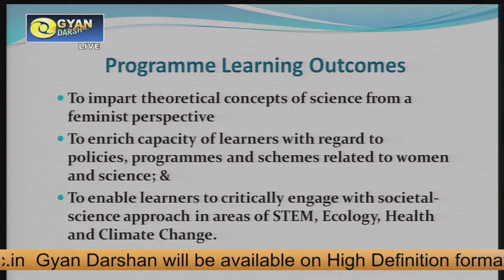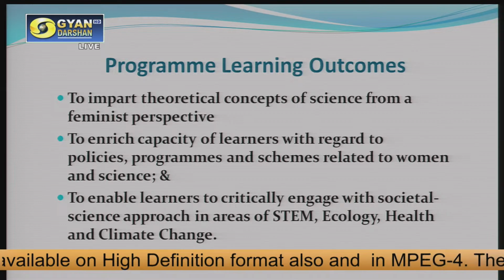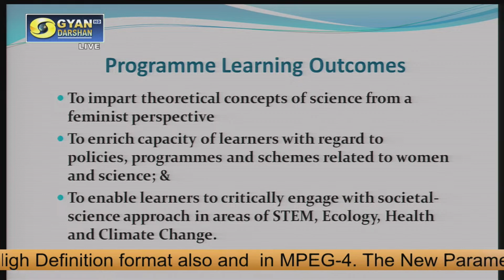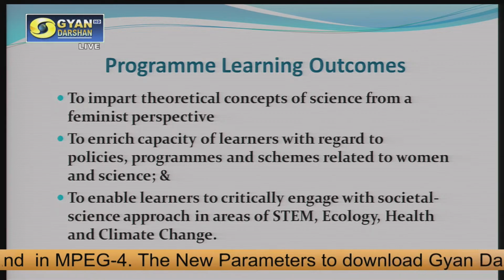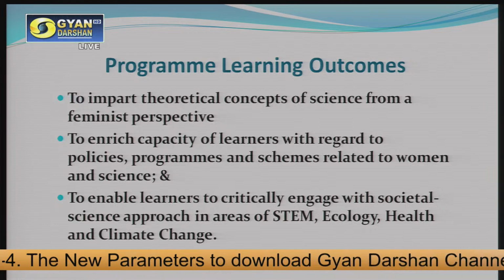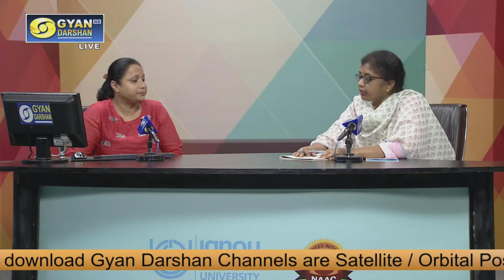Here we are talking not only about science, technology, engineering and medicine, but also ecology, health, climate change and energy issues. And broadly, before we get into the program structure and number of courses, specifically this course, BGS 003, Socio-Political Dimensions of Gender and Science.